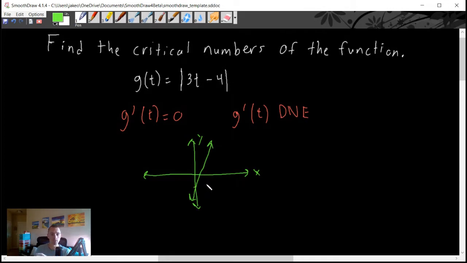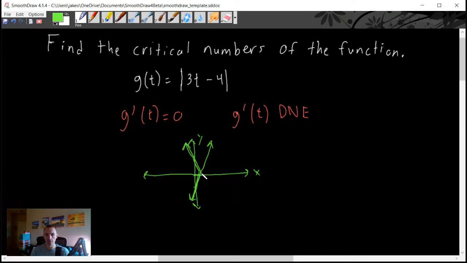That was just a really quick sketch to demonstrate my point here. To then take this graph and turn it into the absolute value of 3t minus 4, we just have to take this portion that's below the x-axis and mirror image it to be above the x-axis. So basically create a mirror image of that line down there, but putting it above the x-axis.